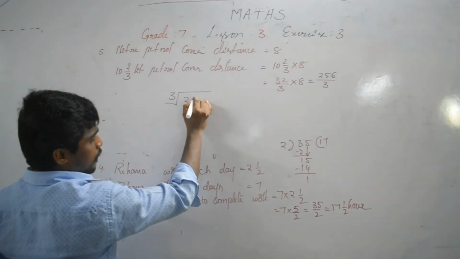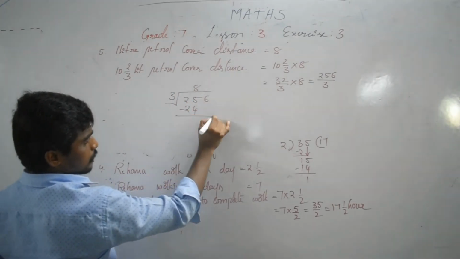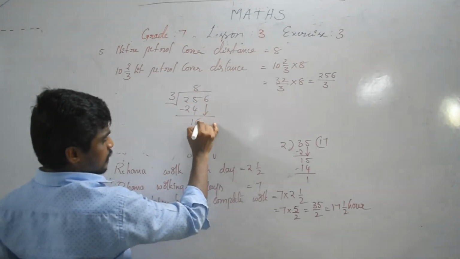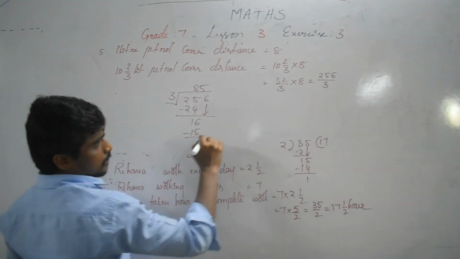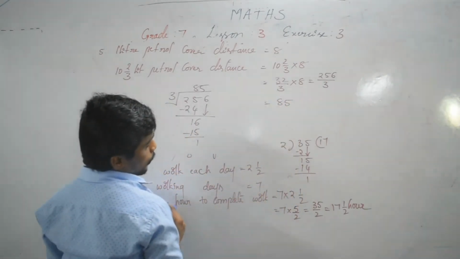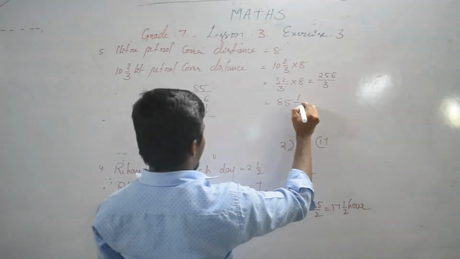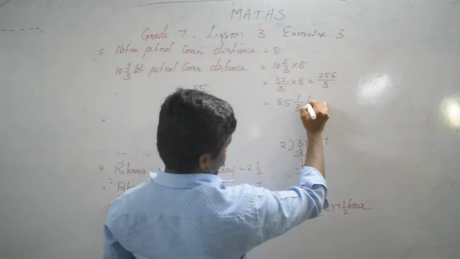Remaining 2 problems are homework. 3 8s are 24, 1 16. 3 5s are 15, 1. So 85 1/3 kilometers covered.